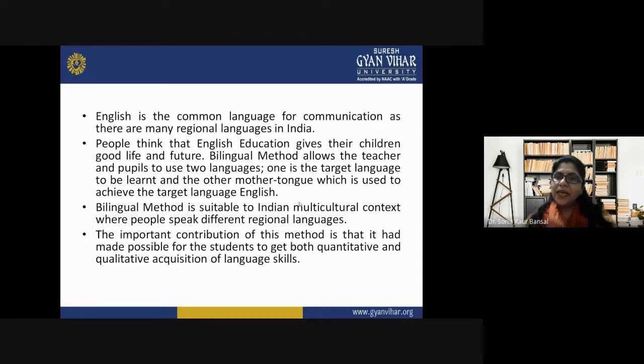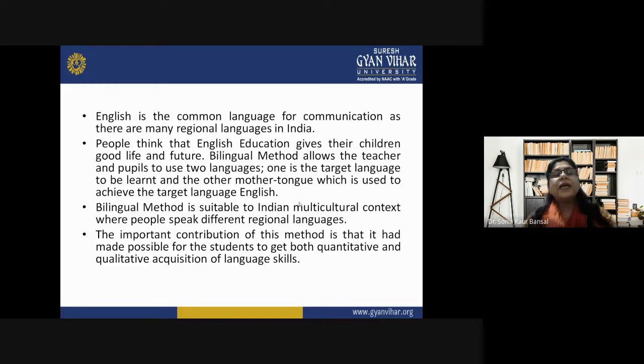One is the target language, or we can call it the English language, to be learned, and the other is the mother tongue, which is used to achieve the target language of English. So this is how English is combined with the regional language or mother tongue, and then its meaning is understood.